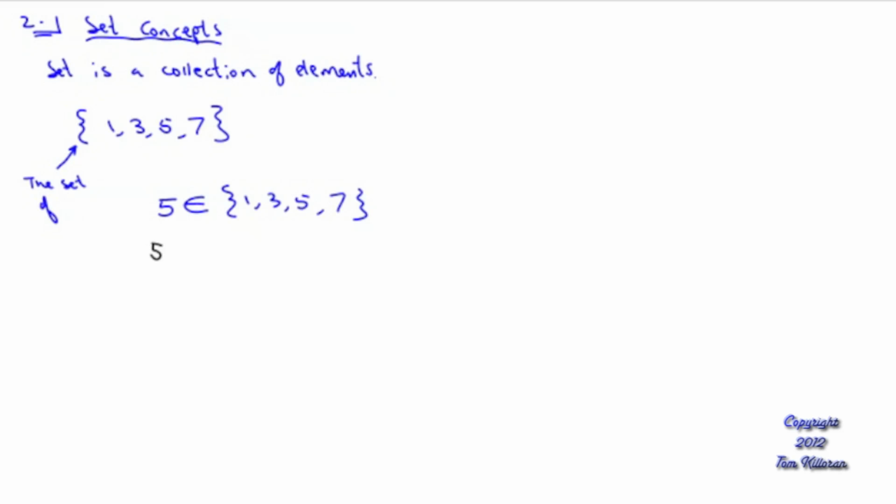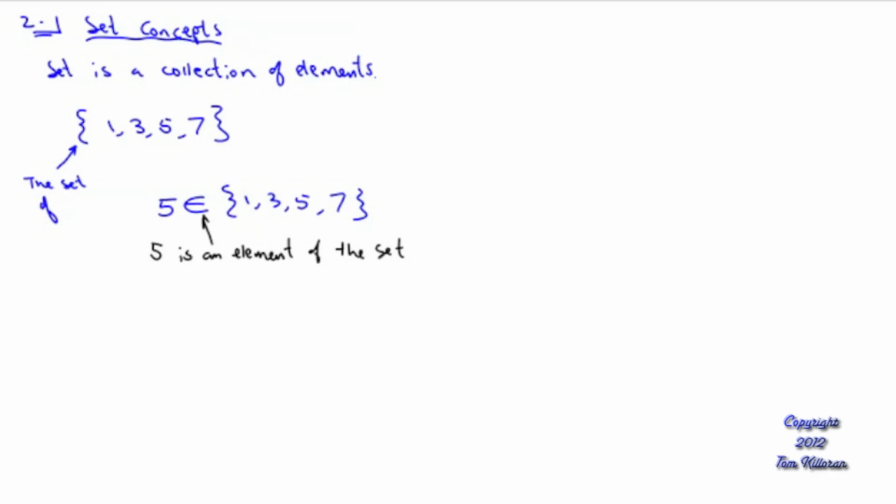5 is an element of the set. That symbol right there represents, is an element of the set. Abbreviated element. The little e is really read, and for most people, element. But for you, the best way to read it is an element of the set.